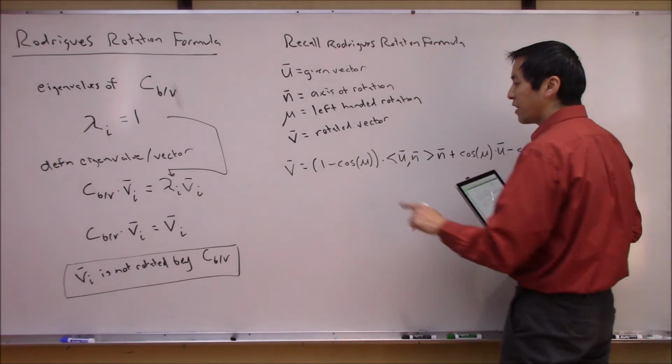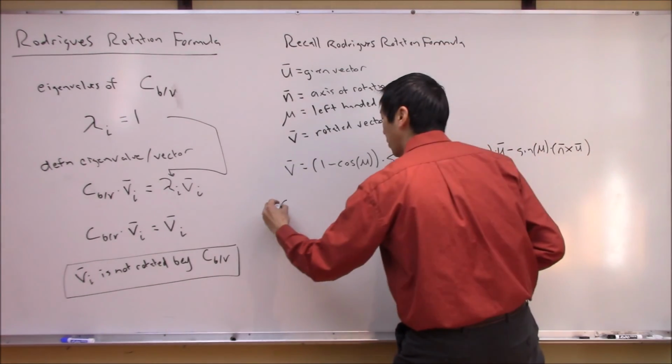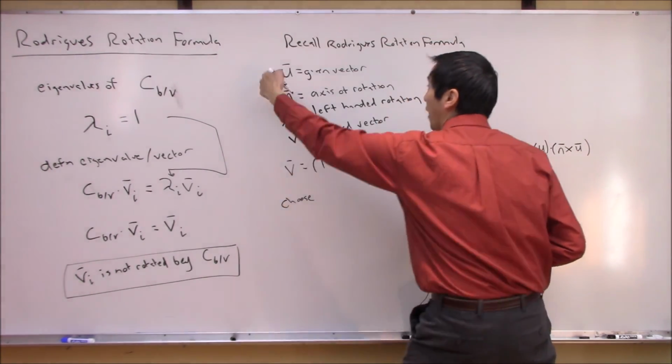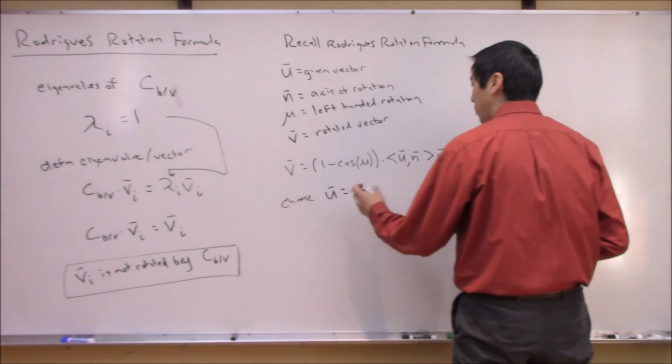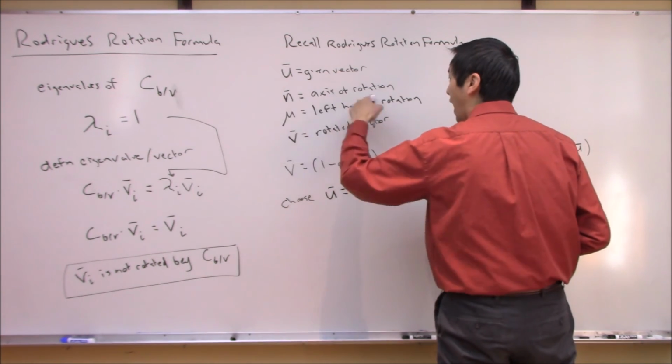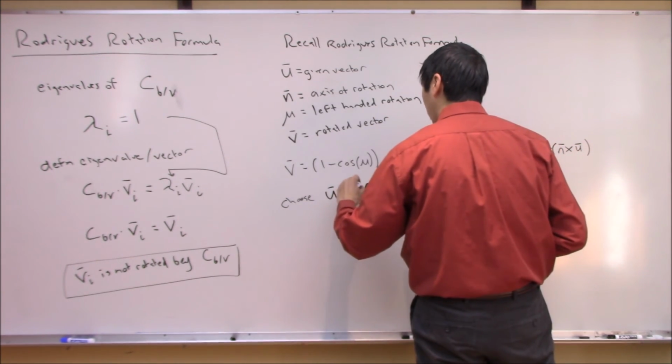Now, here's what's fascinating. What if we choose the vector that you're rotating to be aligned with the axis of rotation? So it's some scalar, let's call it alpha, times n.